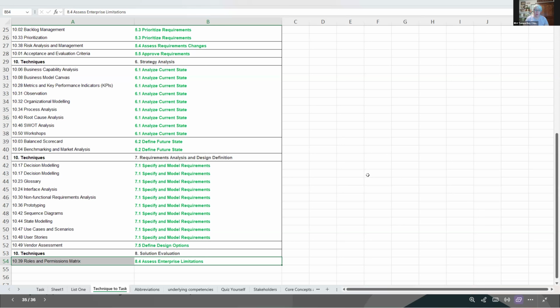And that's the way a lot of things like Salesforce or SharePoint are configured, so that you have a role assigned to your ID. It's probably connected to your single sign-on, and then it gives you a specific profile. That's all a roles and permissions matrix is, but you need to understand what its weaknesses and strengths are.